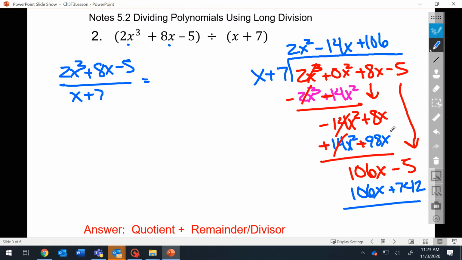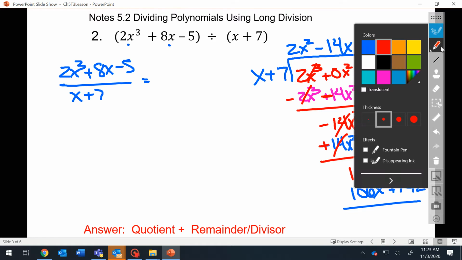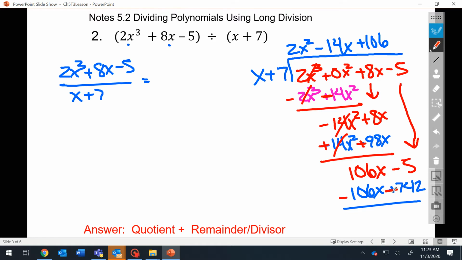All right. Since we turn this to subtraction, these cancel, gives us negative 747, and that is our remainder. So remainder negative 747.